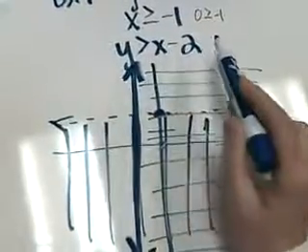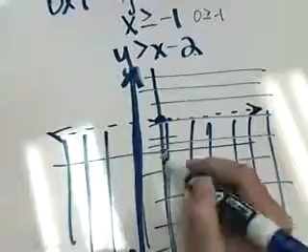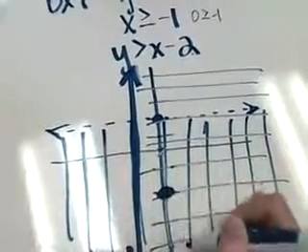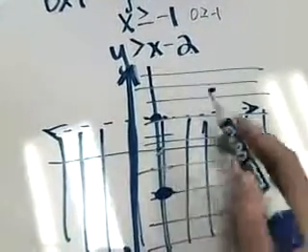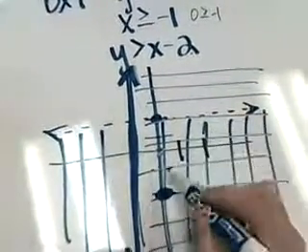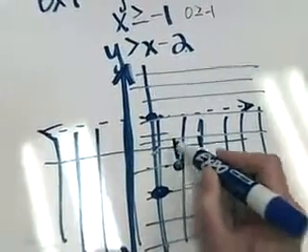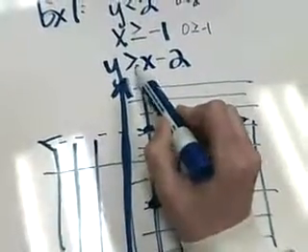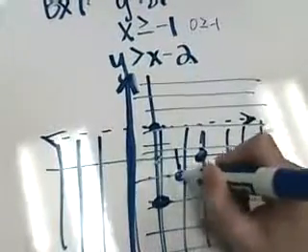The last one's in y equals mx plus b. Where do I begin? At -2 on the y-axis. How do I move? Up 1 over 1. Sorry, I should have had my graph a little bit better. What type of line? It doesn't have the equal to underneath it, so it's going to be a dotted line.